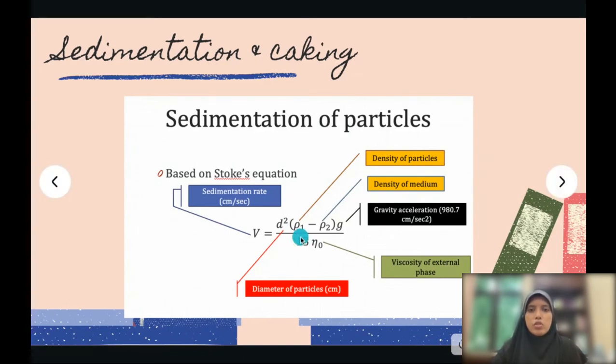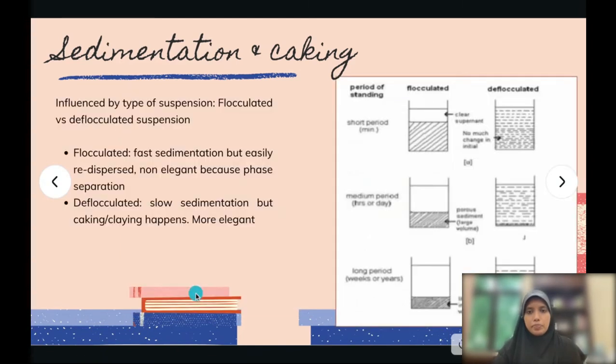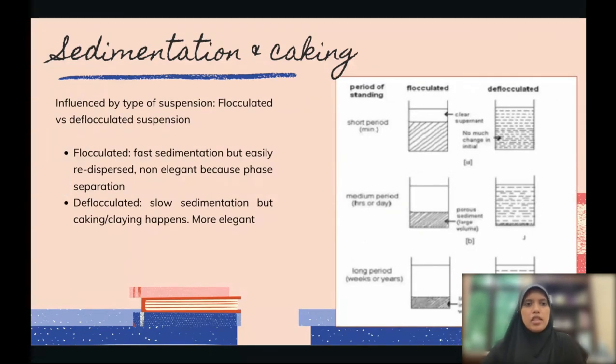It is also influenced by the density of the particles and the density of the medium. If the density of the medium is high, the sedimentation rate will be slower. It is also influenced by gravity, but gravity is constant, so you cannot change that much. And this one is the viscosity of the external phase. If you have a higher viscosity, of course, the sedimentation rate will be slower.